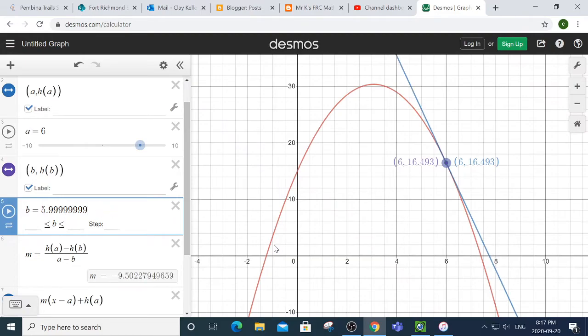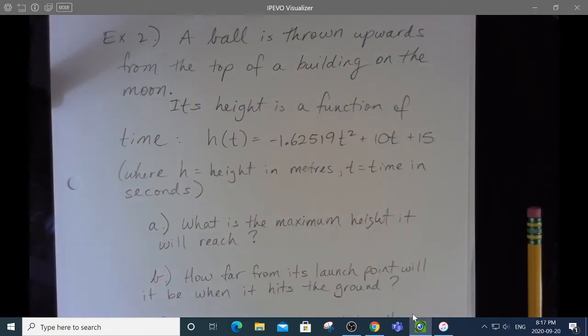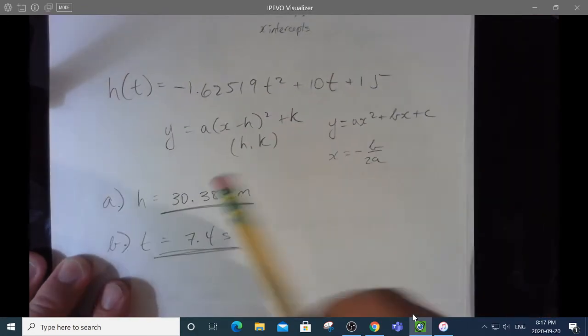Again, the real number was somewhere around here. If you're doing your homework, I think a textbook would probably have rounded it here. So negative 9.50 probably would have been fine for a slope. So what is that as an answer? Let's go back to the paper. For my C answer, my A is this, my B is that.